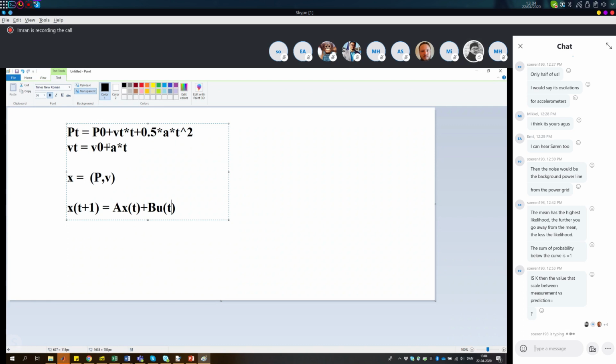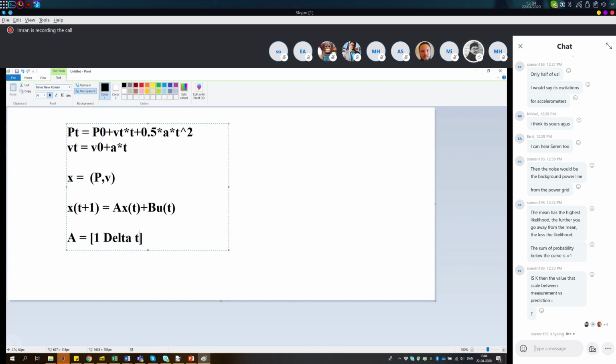If you look into this one, any idea what is matrix A? I would say that A is a matrix of 1, and then delta t.